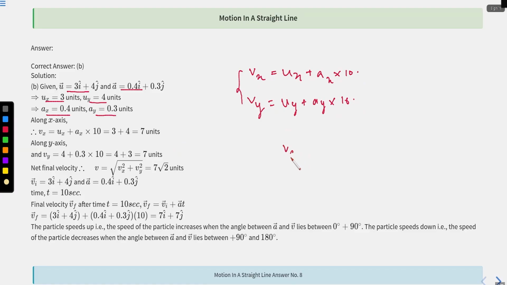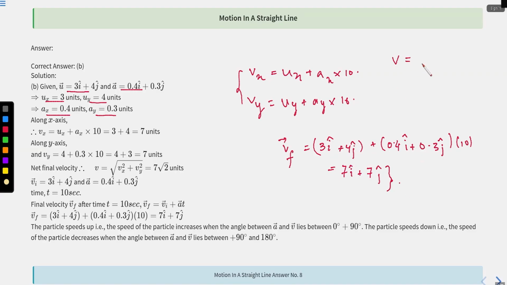So the final velocity vector will be nothing but 3 i cap plus 4 j cap, plus 0.4 i cap plus 0.3 j cap into time, which is 10 seconds, which is 7 i cap plus 7 j cap.